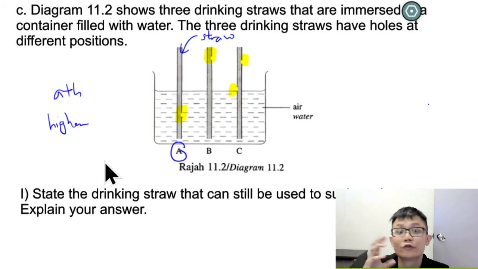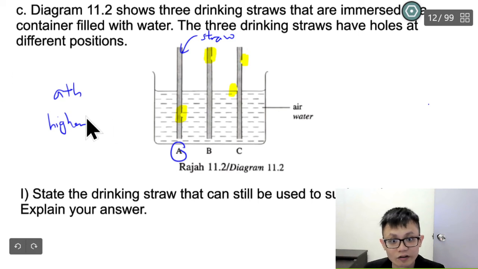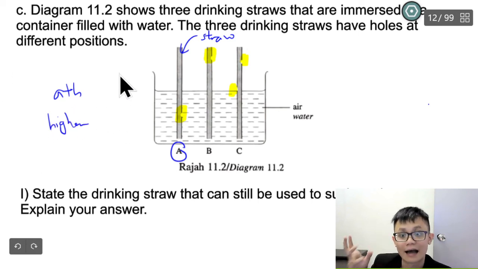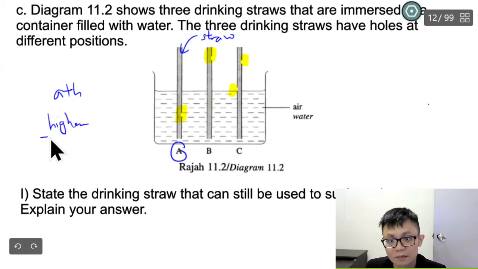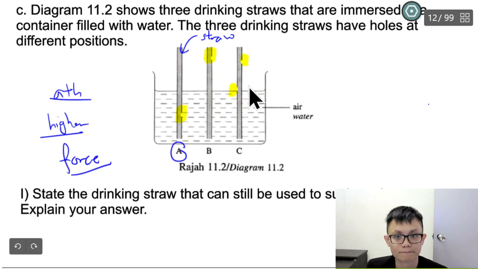Basically, just use your own words, okay? But the keyword is the same thing. We want to talk about the pressure, high and low, outside pressure is higher, and the force. Maybe you want to put the keyword. Let me put down the answer.